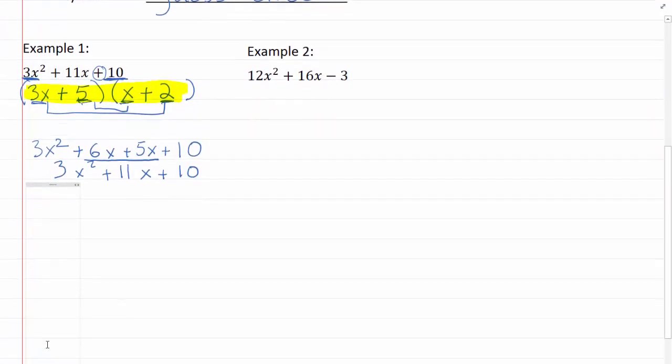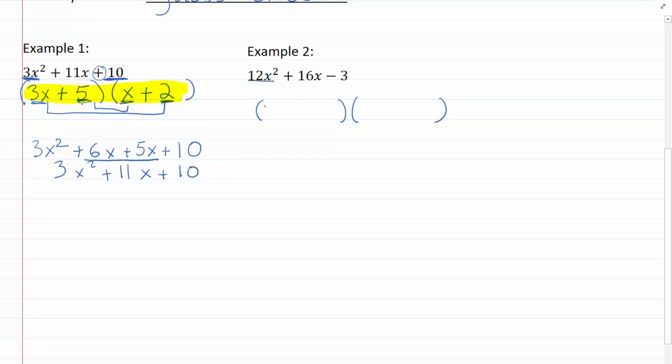So let's go ahead now and do our second example, which is 12x squared plus 16x minus 3. So again, we're going to set up these two sets of parentheses because we're factoring into two different expressions that will multiply to give us this trinomial. So let's go ahead and actually give ourselves a little bit more space right here. We'll have something that multiplies together to give us 12x squared in the first term.